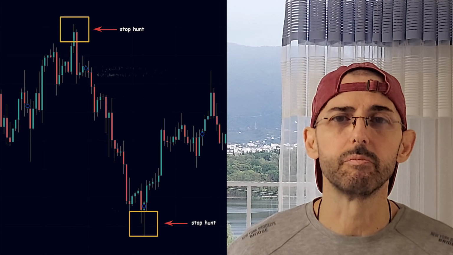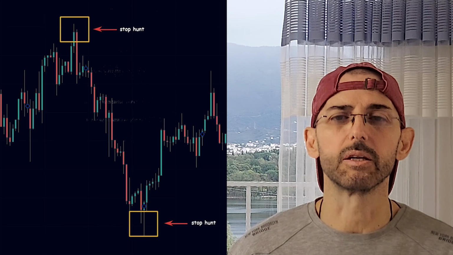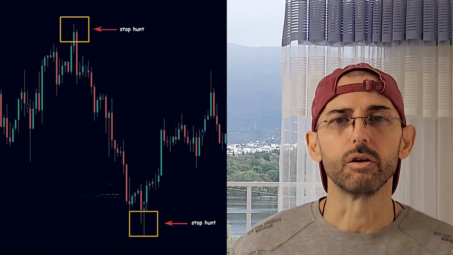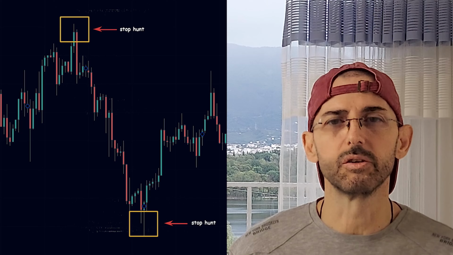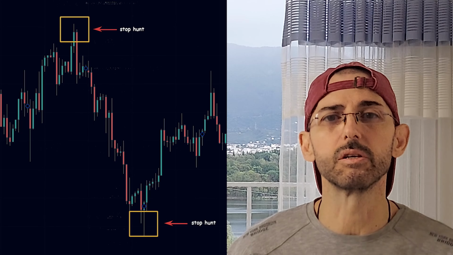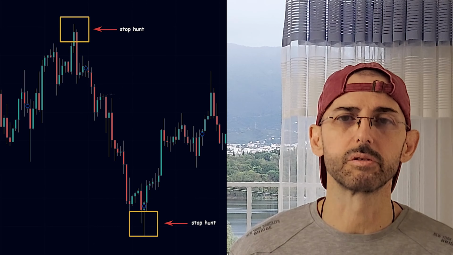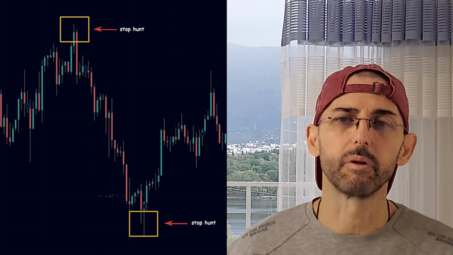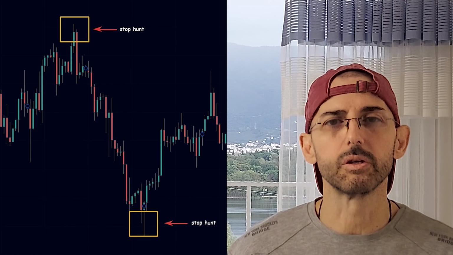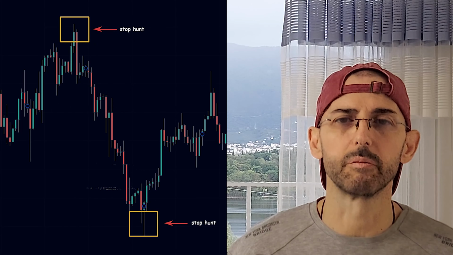At its core, a stop hunt is a smart money liquidity grabbing strategy that deliberately shifts price in a certain direction to trigger a series of stop-loss orders. It's a mechanism that deep pocket players use to nudge smaller ones out of their positions.